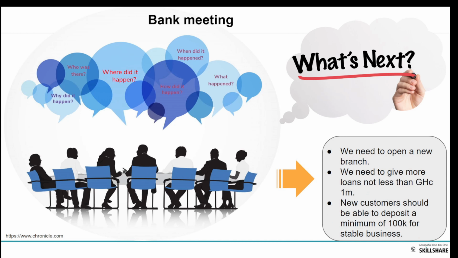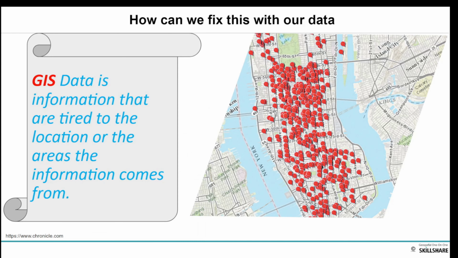And that's basically what we mean by GIS data. The difference between the data we already have and we already use and GIS data is the missing location information. Now, GIS data is the information that is tied to the location or the areas the information comes from.